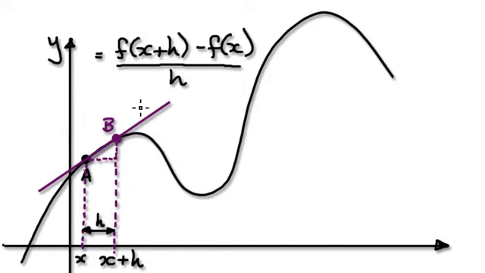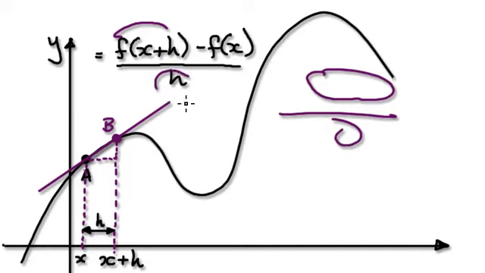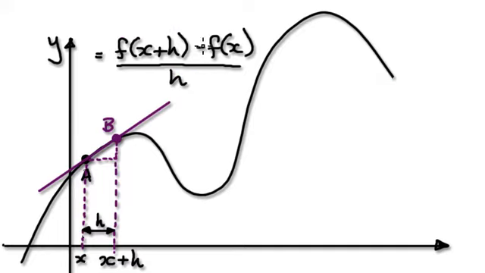But here's the thing: you can't make h to be 0, because if you look at this here, if you make h to be 0, then x plus h will be x, but the bottom will be 0, because h is 0.